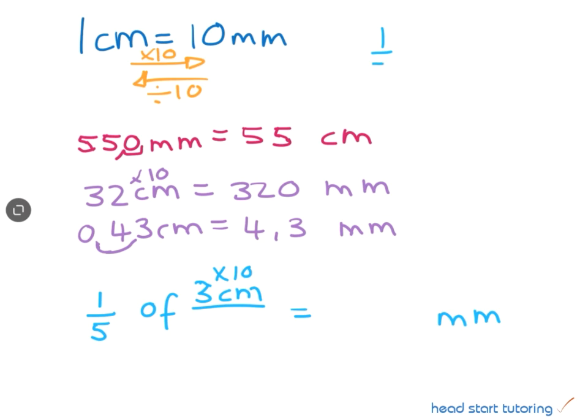So I end up with 1/5 times, or of, 30 over 1. And I get an answer of 6 millimeters, because 5 into itself goes once, and 5 into 30 goes 6 times. So 1/5 of 3 centimeters is 6 millimeters.